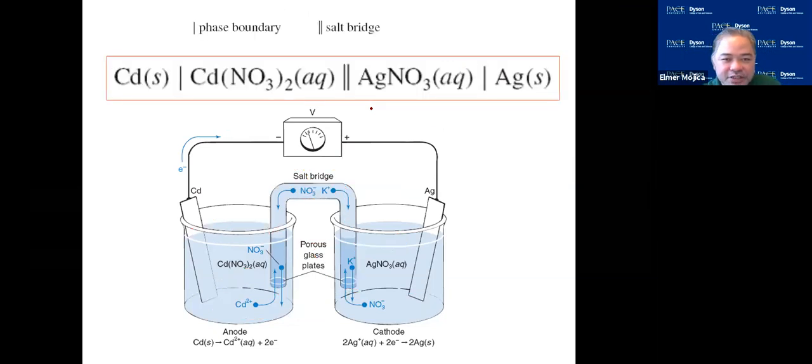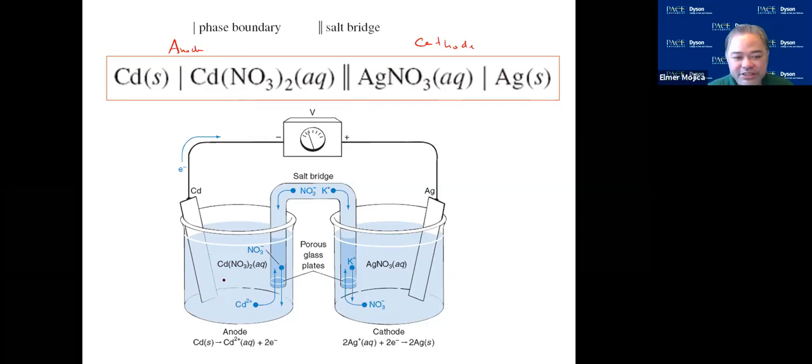Okay? So if you're going to recall, the way that you're going to put this cell diagram, as they call it, is like this. So this is the anode, this is the cathode. The salt bridge is these two lines. The single line that you have here is just a phase boundary when they have different phases. So you have here cadmium producing cadmium nitrate or cadmium 2 plus. And then here you have silver nitrate, which is silver plus, to produce silver.